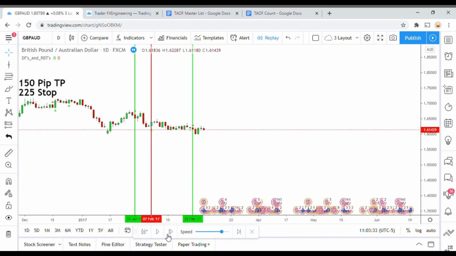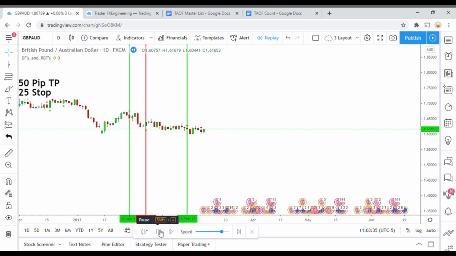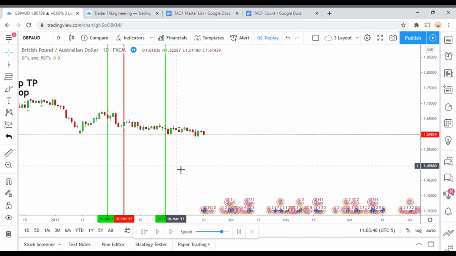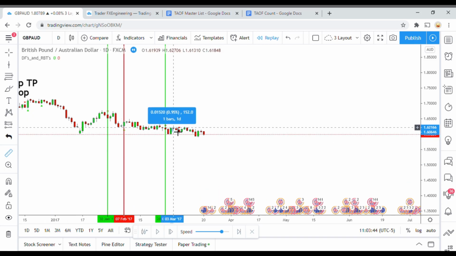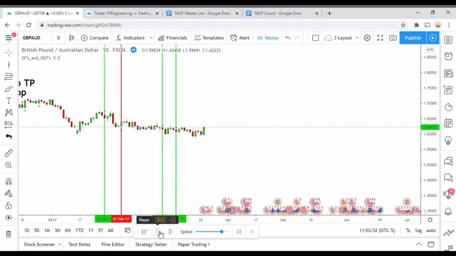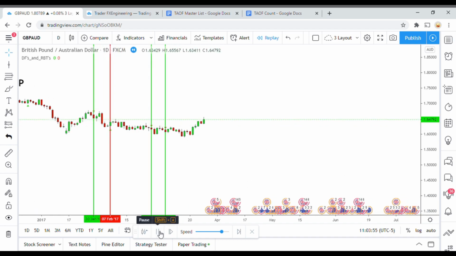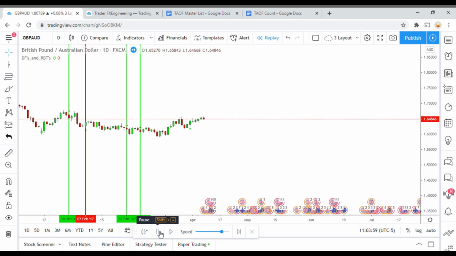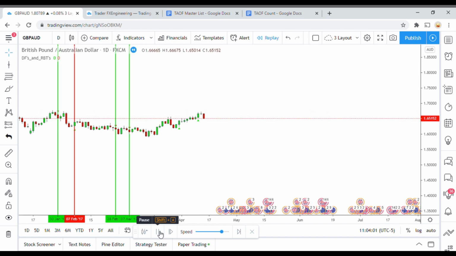That one got us to our take profit. Continue on with it. Short here. And got us there. Take profit again. So far on its own, it seems to be doing rather well.